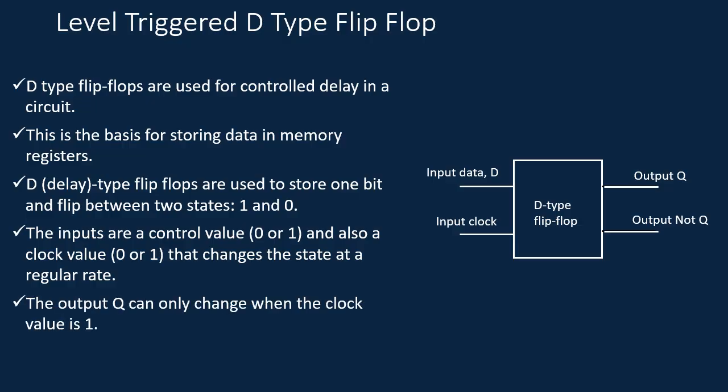The output for a level triggered D-type flip-flop can only change when the clock value is 1. So when the clock value is 0, nothing can change. The output can't change. So when we talk about change, we're talking about the value of Q, our output. So just to reiterate, that can only change when our input clock is 1.